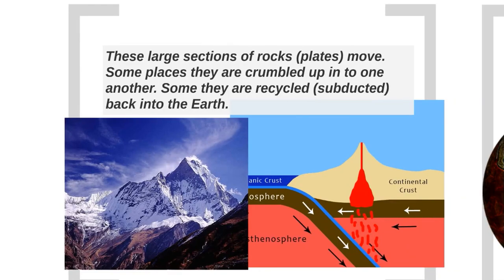So these large sections of rock, called plates, move. In some places they are crumpled up into one another. In some places they are recycled, which is called subduction, or subducted back into the Earth.